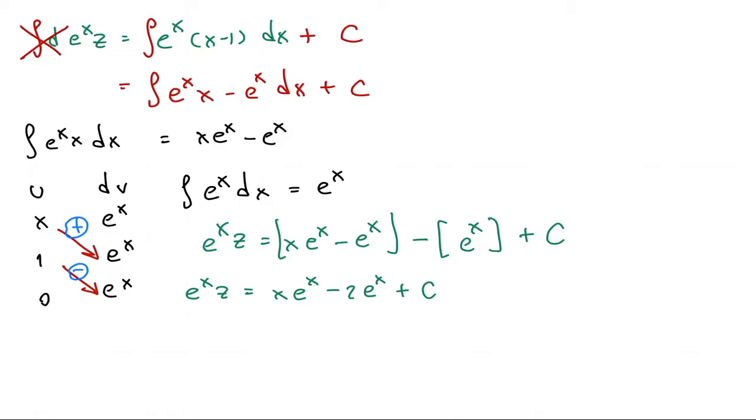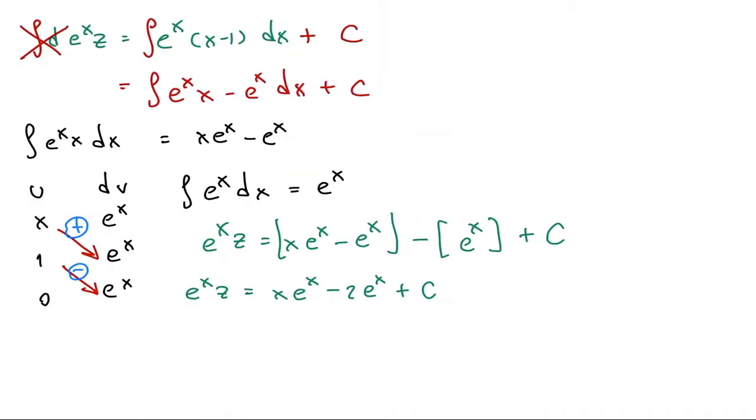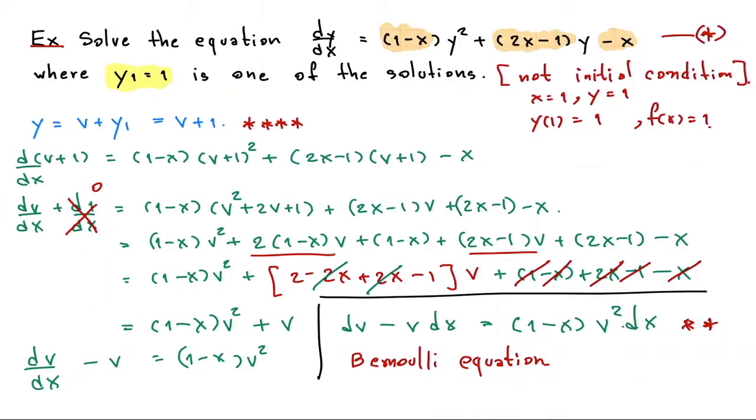And then we need to do the substitution, because we let z be v to the power of minus 1. Okay, so what we have is e to the x over v equals x e to the x minus 2e to the x plus c. And after that, guys, it's not done yet. Our solution is y equals v plus y1, right?